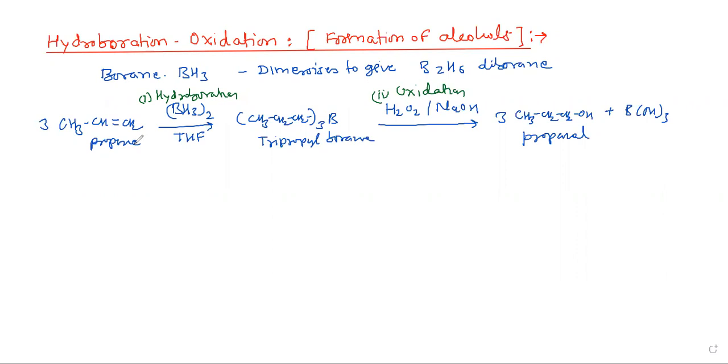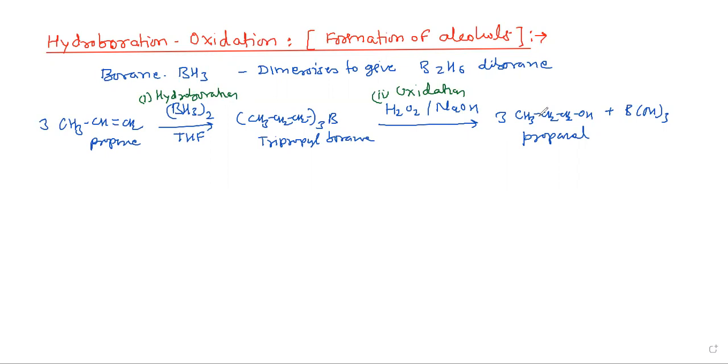So in the first step, we use the borane in the form of diborane in presence of THF, and this gives first the alkyl borane, and here we have tripropyl borane, which on further oxidation by using hydrogen peroxide in presence of NaOH, or alkaline hydrogen peroxide, we get the alcohol.